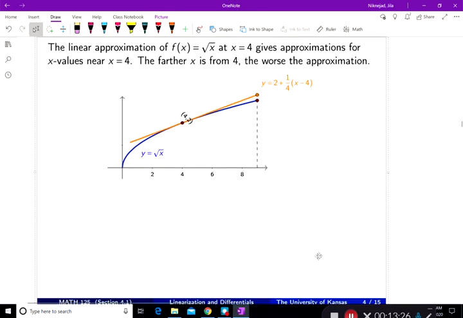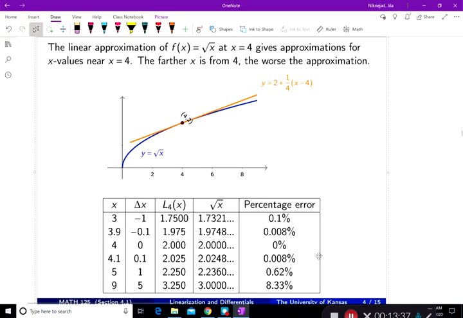But if you go further, like at this point, if you pass 8, if you plug in points bigger than 8 in the tangent line, you start seeing errors a little better.